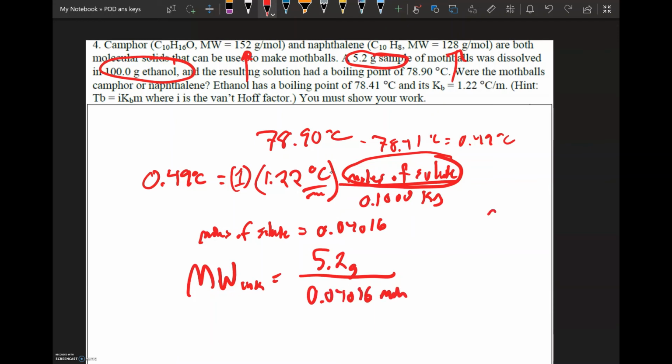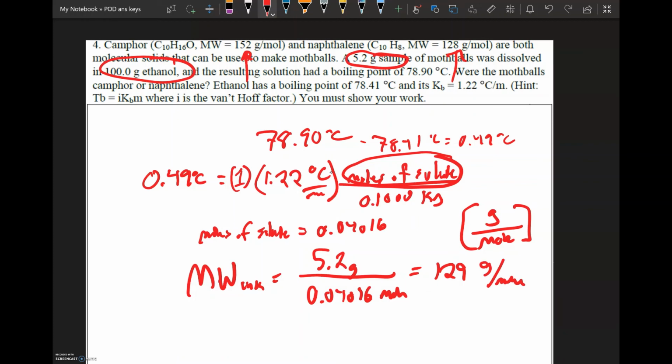Because in the end, the units for molar mass are grams per mole. So all we're doing is just taking the grams divided by moles. So take 5.2 divided by that answer. And what we end up with is 129 grams per mole.